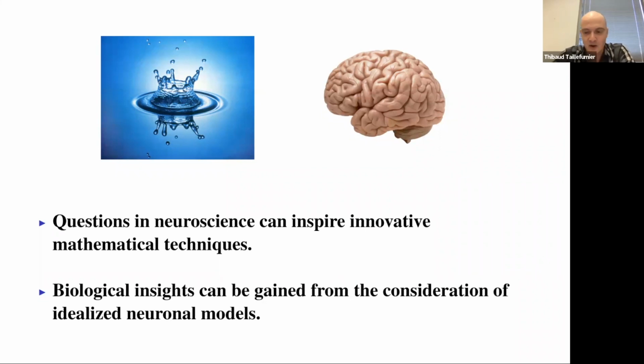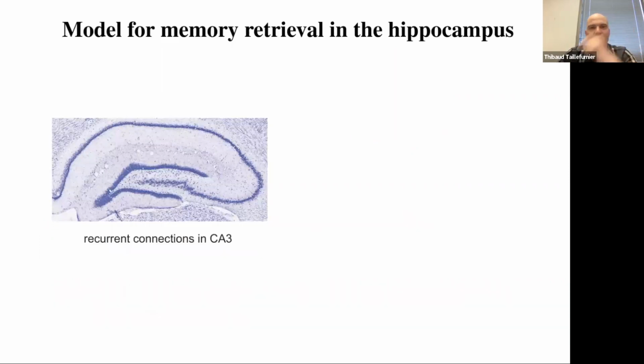Okay, so the broad context I chose to introduce replica-mean-field limits has to do with metastable dynamics. So why should we care about metastable dynamics? Perhaps a good way to introduce them is to consider the problem of modeling memory retrieval in the brain, and specifically in the hippocampus.